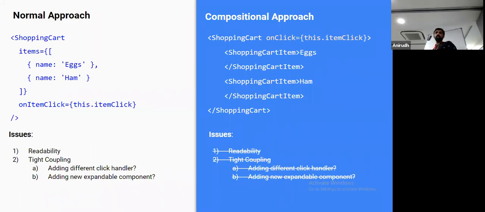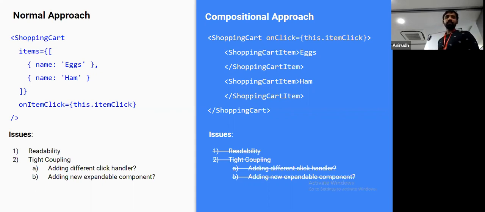Again, a very important advantage of the compositional approach is, say suppose you want to make a shopping cart and you have these shopping cart items. So one approach would be to directly pass the items array in shopping cart, and we have the on item click handler. The issue with the left hand side code is, there is a readability issue.